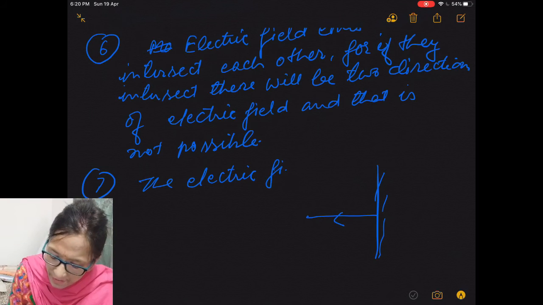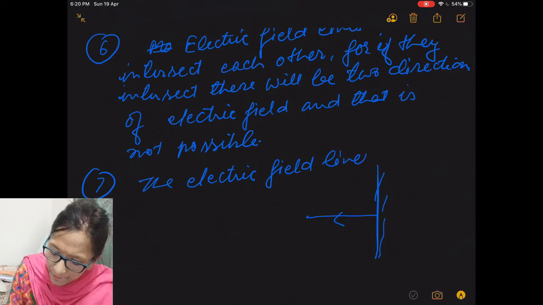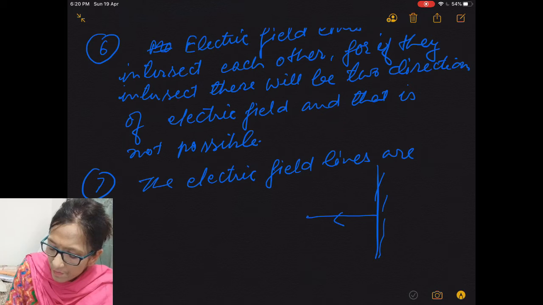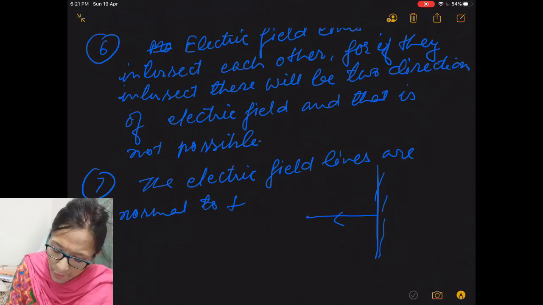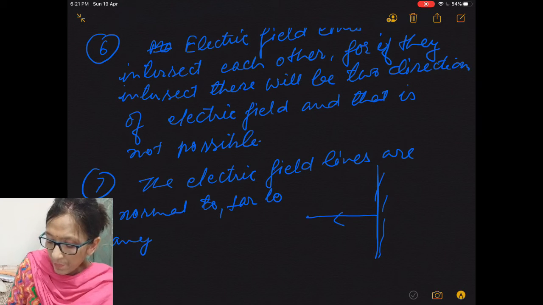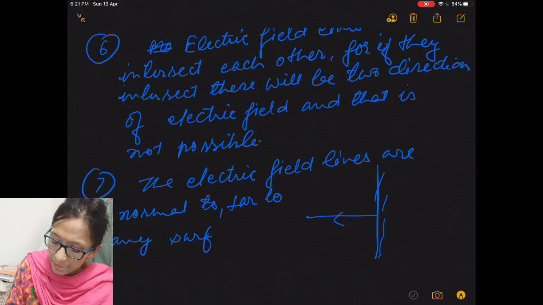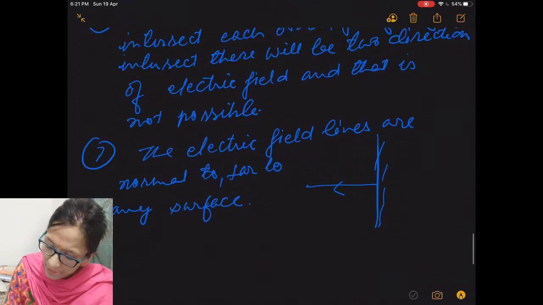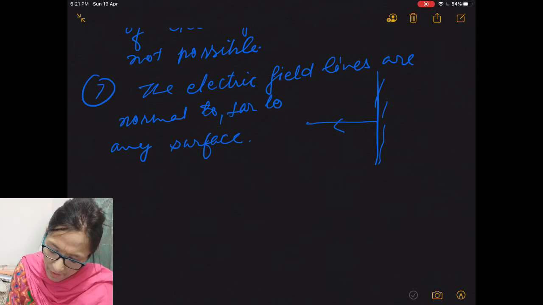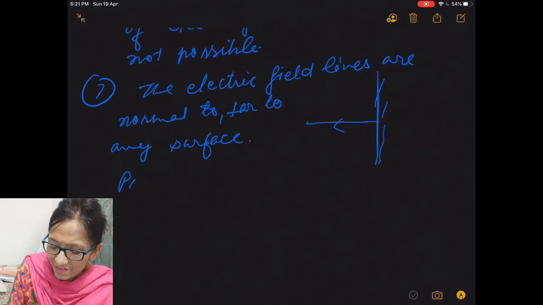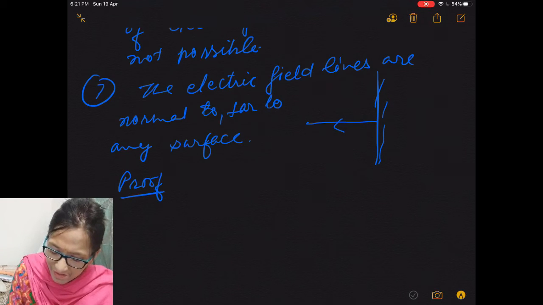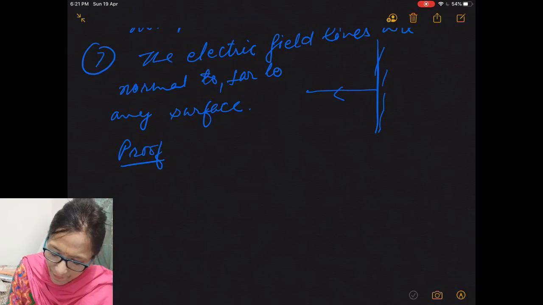The electric field lines are normal to, perpendicular to, any surface. Let us prove it.